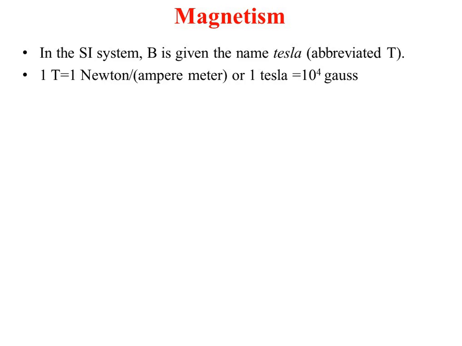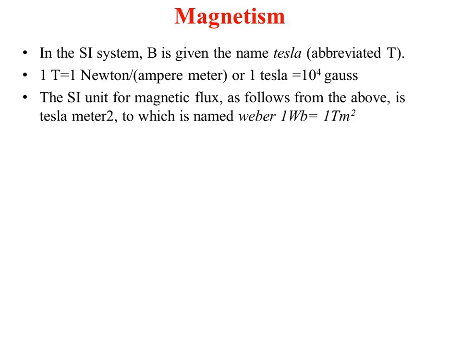And another unit is also there. You can measure it as 1 Tesla equals 10 raised to 4 Gauss. So many manufacturers use Gauss as well as Tesla. The SI unit of magnetic flux, which is measured with the area, is named the Weber.